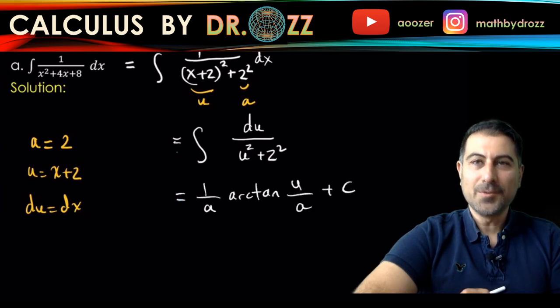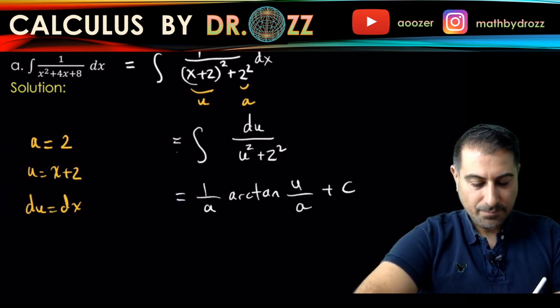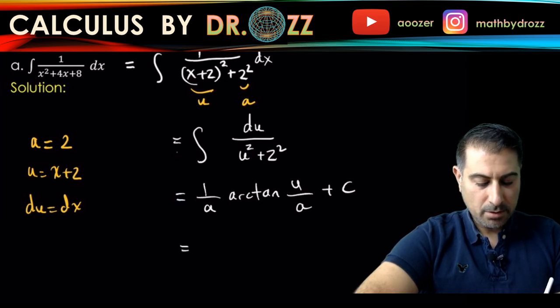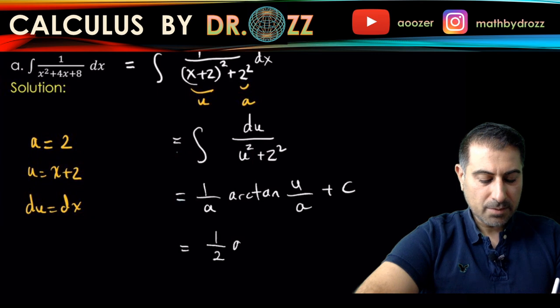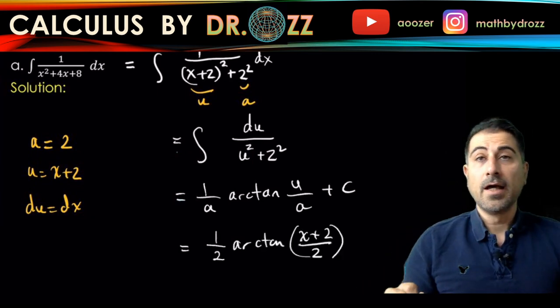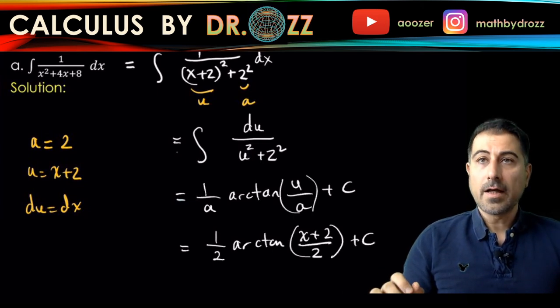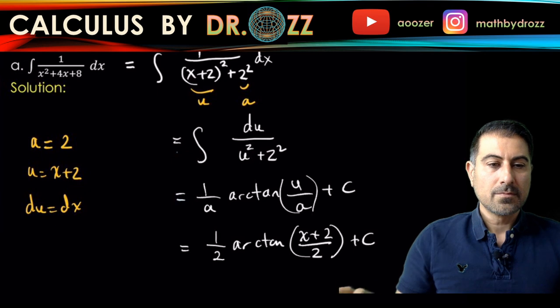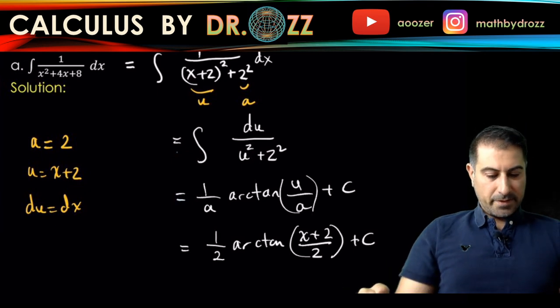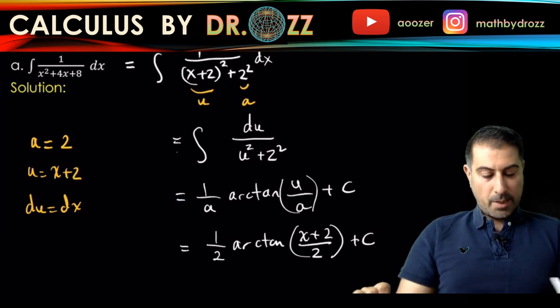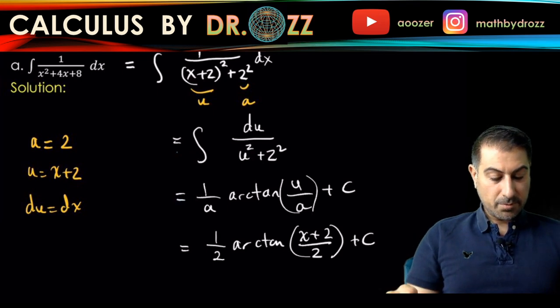Let's put the u and a back. So 1 over 2 arctan of x plus 2 over 2, plus c. You can also put u over a with parentheses here. And I think this is the end of it: 1/2 arctan of x plus 2 over 2, plus c.